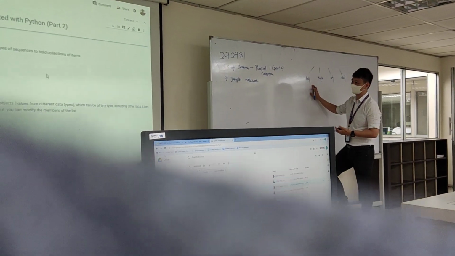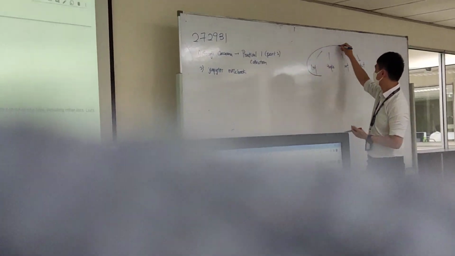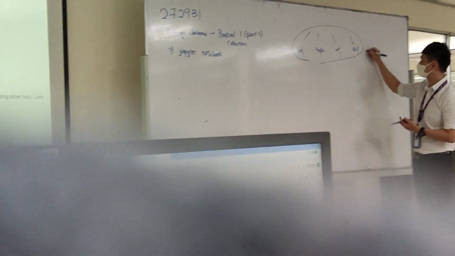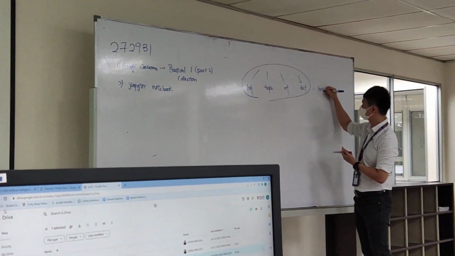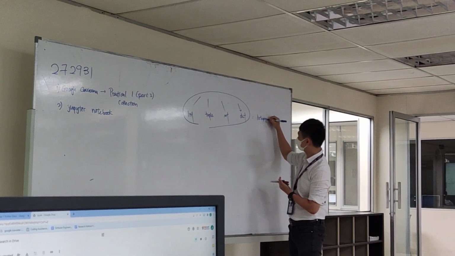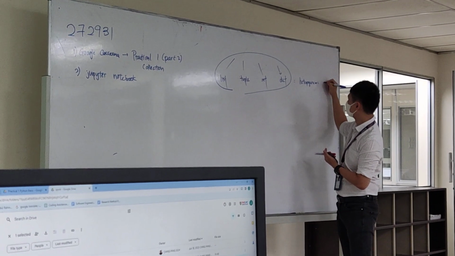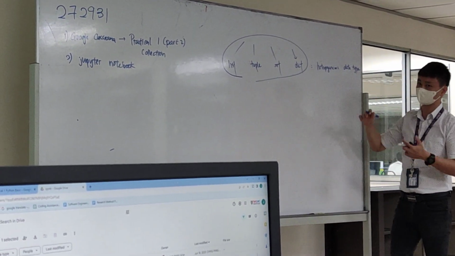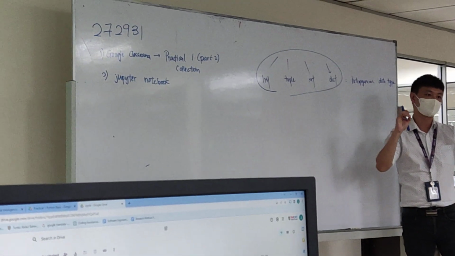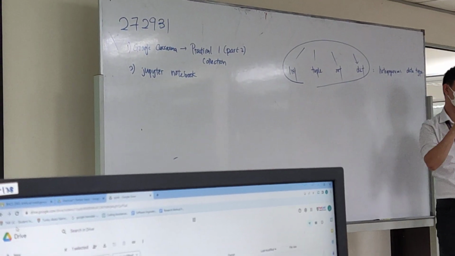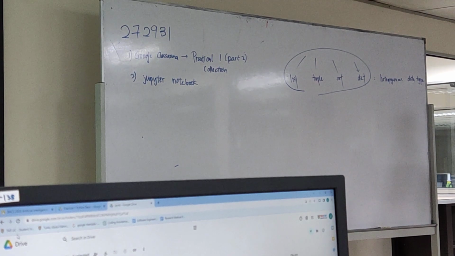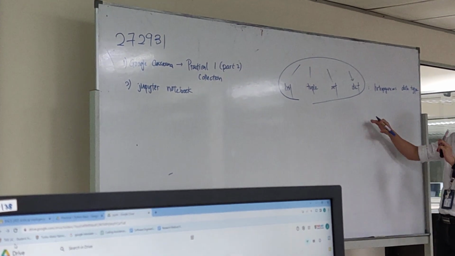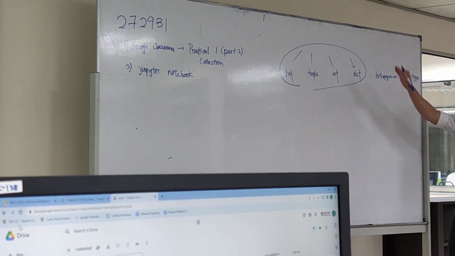One thing about collections is you can store heterogeneous data types. Unlike C++, where an array can only store values of a similar data type, in a collection you can store anything.